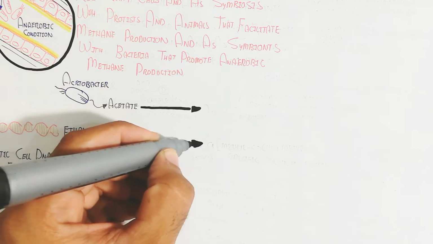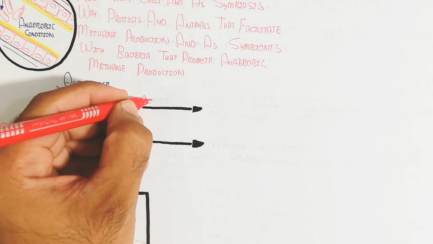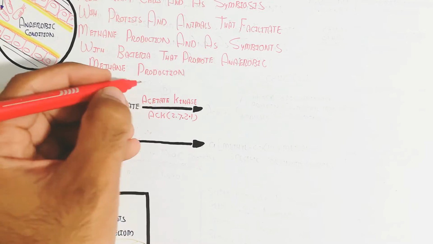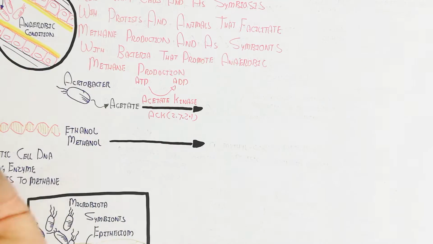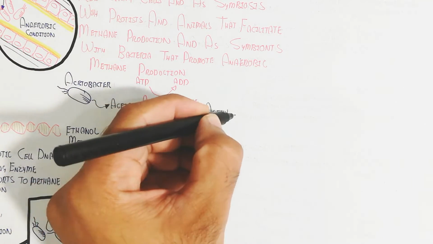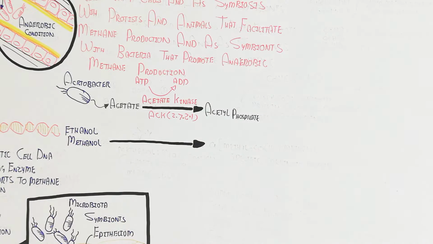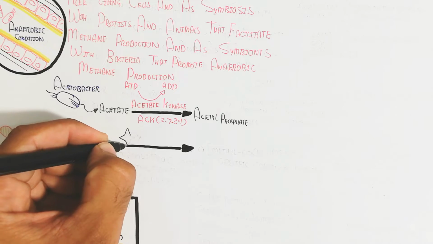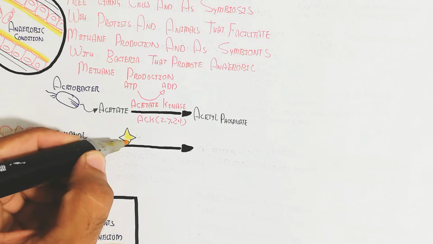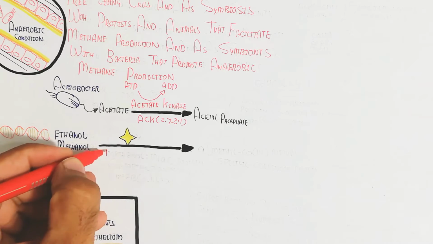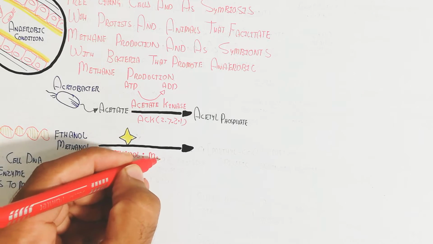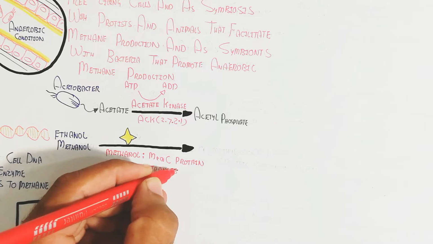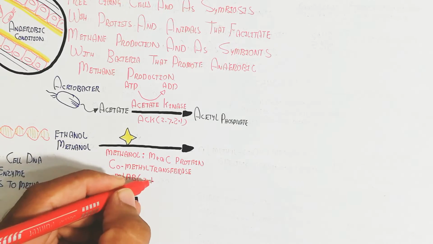Acetobacter will produce acetate, and under the condition of the methanogens, in the presence of ATP and acetate kinase produced from the gene ACK, 2.7.2.1, acetyl phosphate is produced. The yellow star denotes the molecular marker developed in this study for which sets of PCR primers were designed.